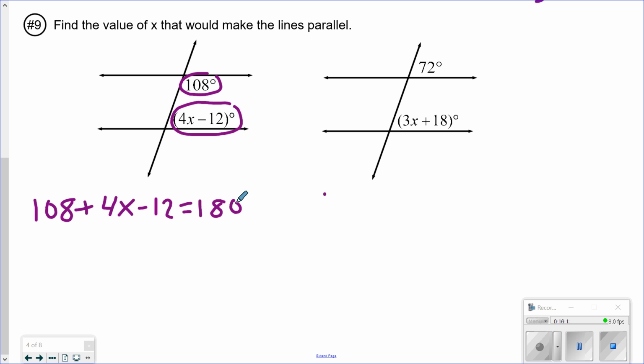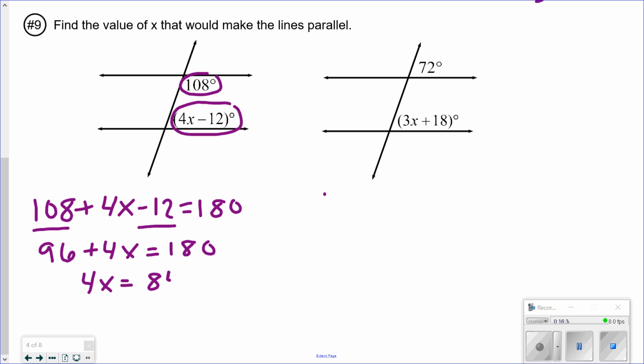Let's combine our like terms. So 108 minus 12 is going to equal 96 plus 4x is equal to 180. Subtract 96 from each side. I get 4x is equal to 84. Divide by 4. X then is equal to 21.